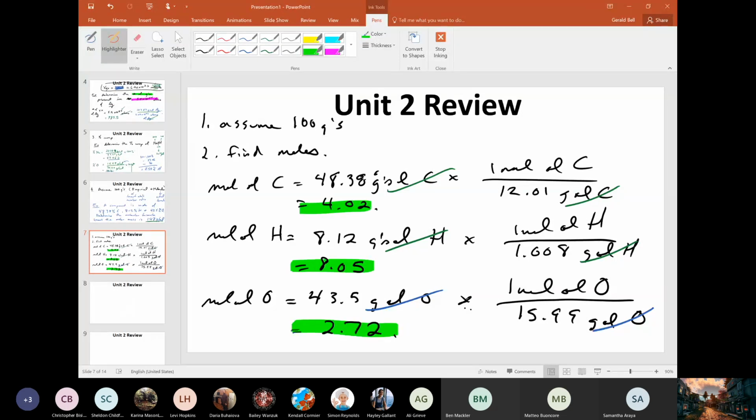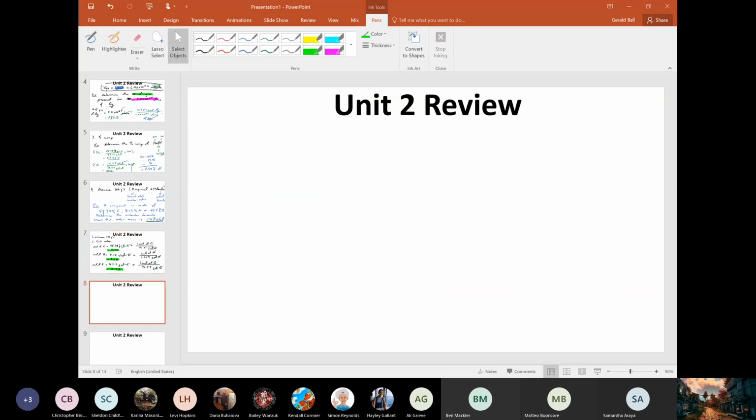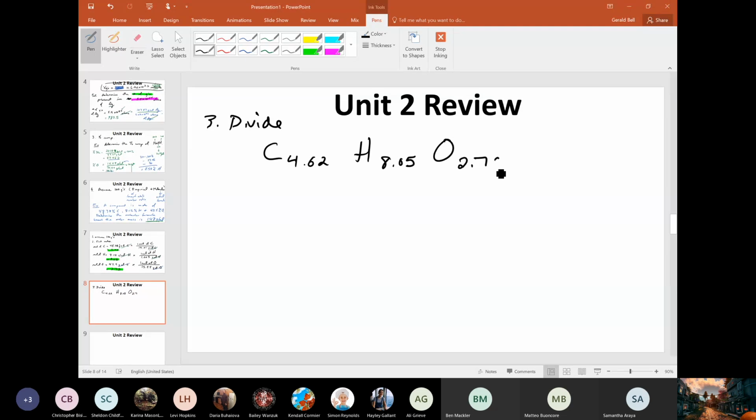And we're going to carry those on to step 3, which is divide by the lowest one. It looks like the oxygen is going to be our lowest one, but we'll get to that. So step 3, divide. I like to write them like this and then put their subscript. So 4.02 for carbon, hydrogen 8.05, and oxygen 2.72.